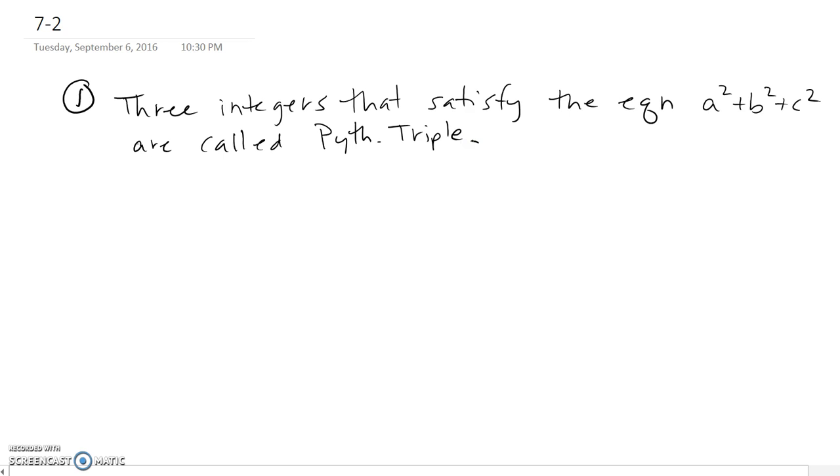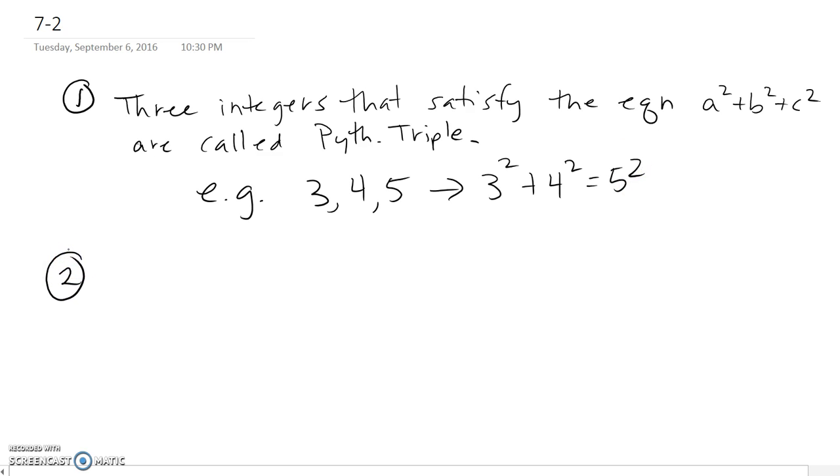Note, remember, integer means it's not a decimal. We're not talking weird square root 7 type numbers. We're talking about numbers like 5 or 4. The most common example that people will use is 3, 4, and 5, because 3 squared plus 4 squared equals 5 squared.